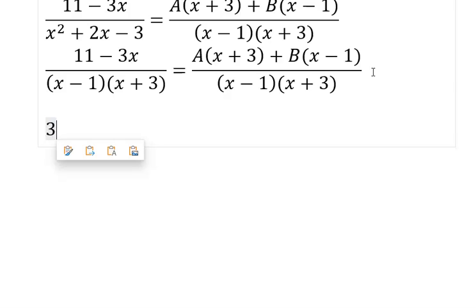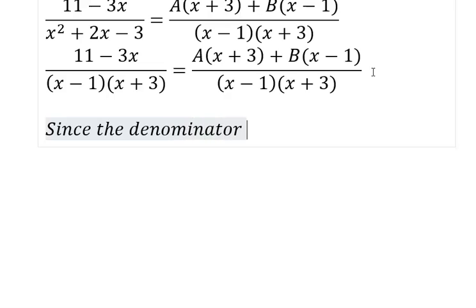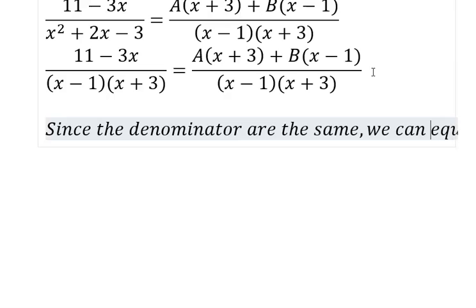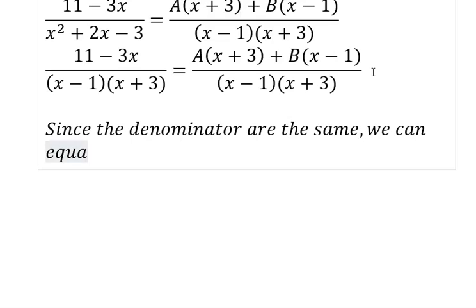So since the denominator are the same, we can equate the numerator.